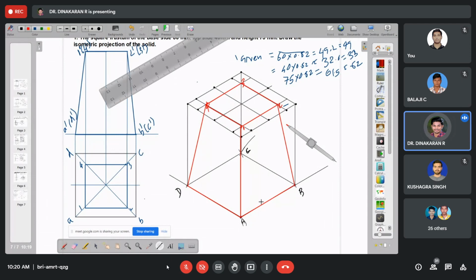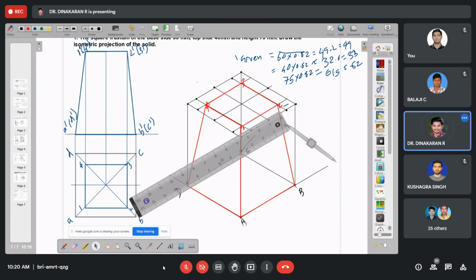Inside I didn't draw as a thick line. This is the final solution. Any doubt on this? We'll go for the next problem.